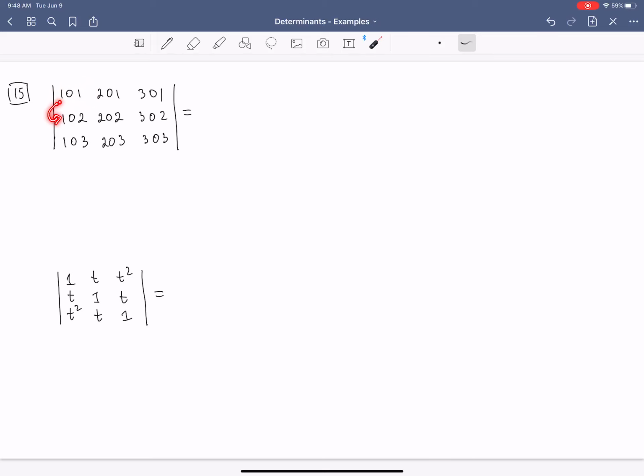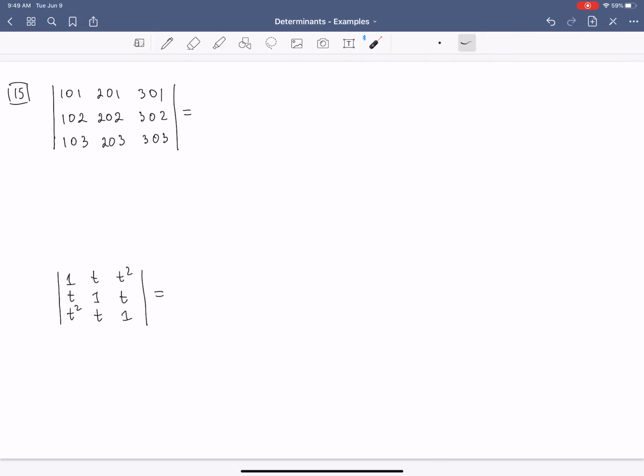So you have 101 plus 1 plus 2. 101 plus 100 plus 200. 102 plus 100 plus 200. So it feels like we can actually split out a bunch of hundreds in here.